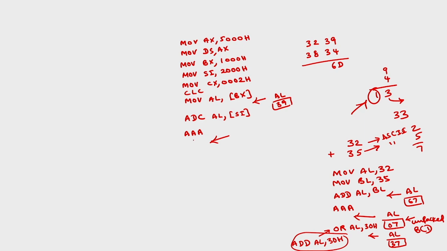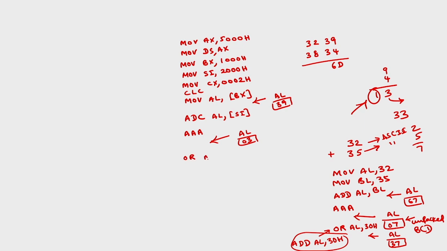Now here coming back to this main program, after this addition what happens is this 39 plus 34 which is 6D, but actual this one is 9 plus 4 is 13. So this 03 will be there in AL. But what is ASCII code corresponding to 03 is 33. So you have to either add or you have to OR.